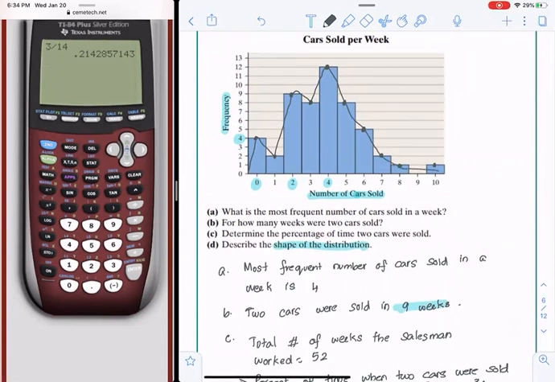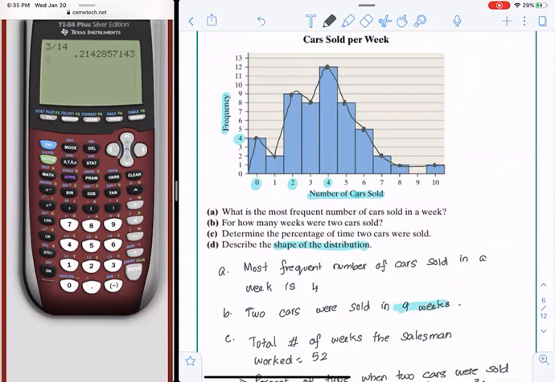It is not a regular bell curve, but it sort of looks like a bell curve, but it actually is not a bell curve. It's more of a skewed distribution.